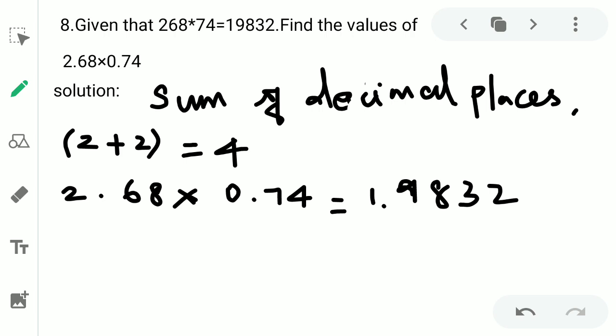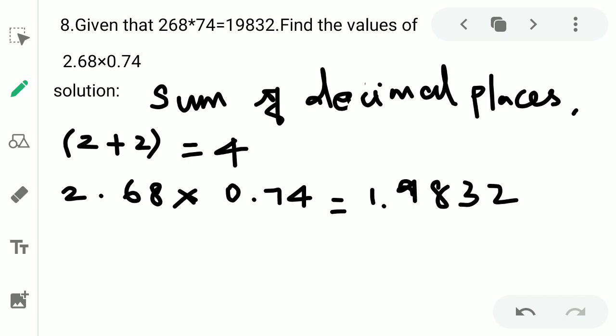Moving to the next question: given that 268 into 74 equals 19832, find the value of 2.68 into 0.74.